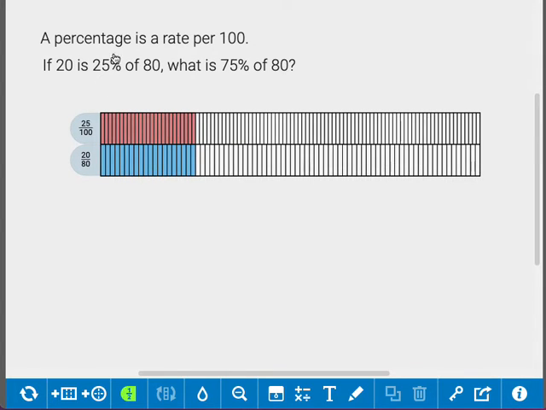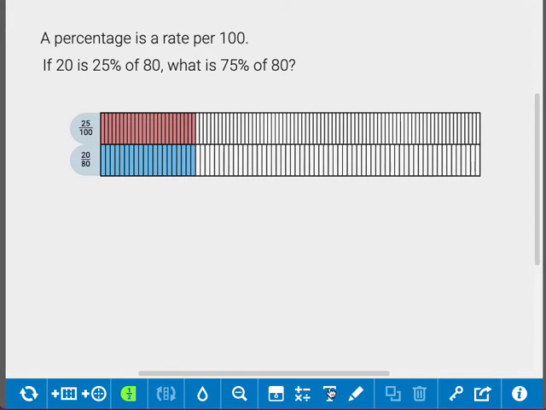If I know 25%, then I can find 75%. Because 75% is 3 groups of 25%. 25%, 50%, 75%. There's 3 groups of 25 in 75%.